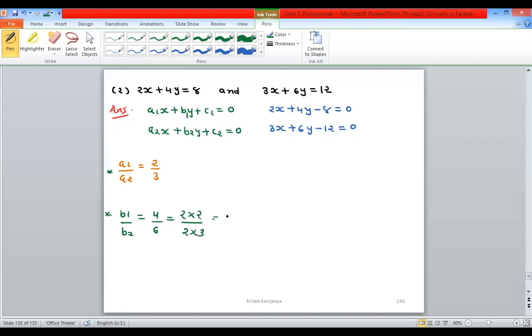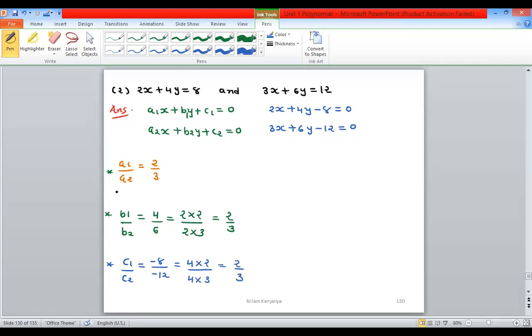Remaining is 2 by 3. And the last, you can find c1 upon c2. Write down c1 upon c2, minus 8 upon minus 12. Minus minus cancel. 4 into 2, 4 into 3. So this is 2 by 3.